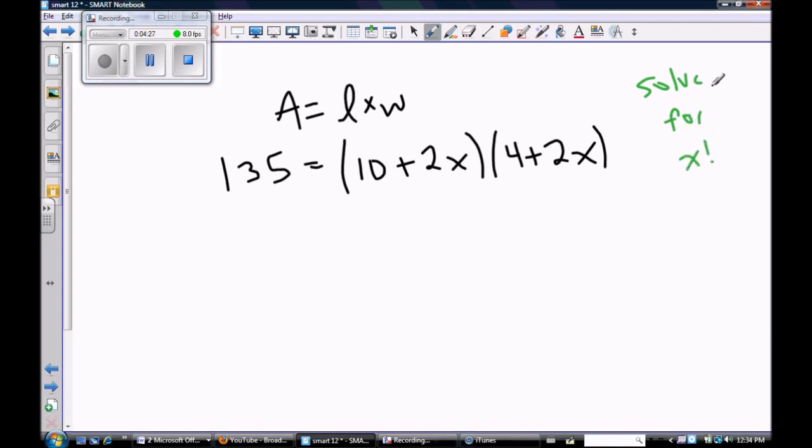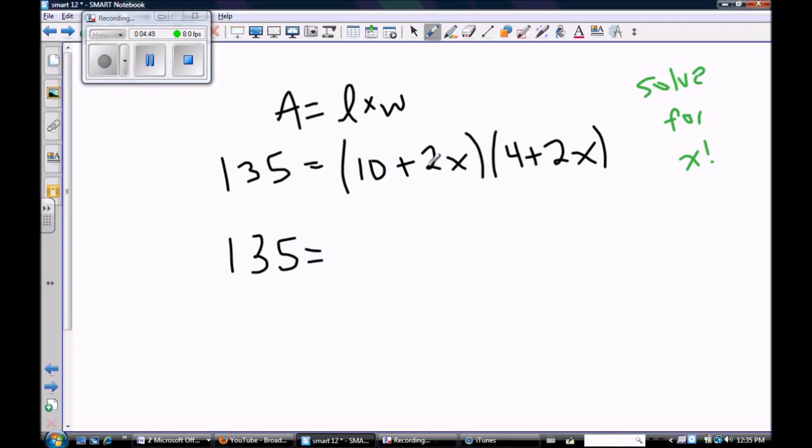So how are we going to do that? Well, solving for x, at some point, I'm going to be multiplying x times x. So this is obviously a quadratic, but it's not in factored form because it doesn't equal 0, and it's not really in any great form. So we're going to have to do some math on it before we continue.